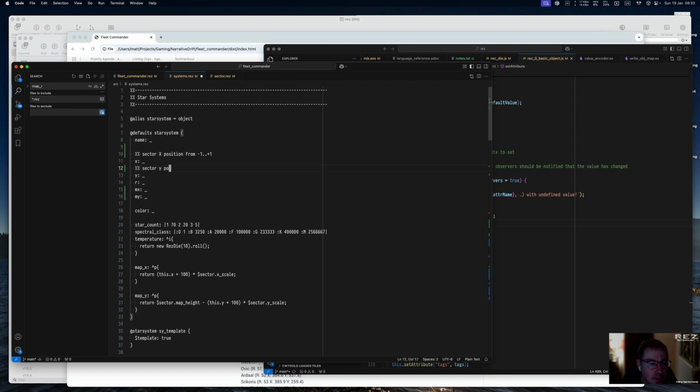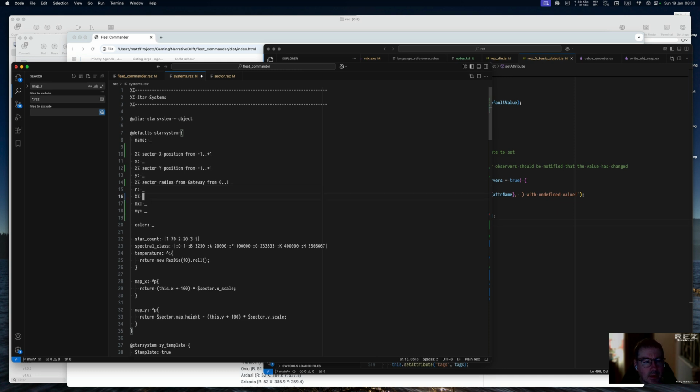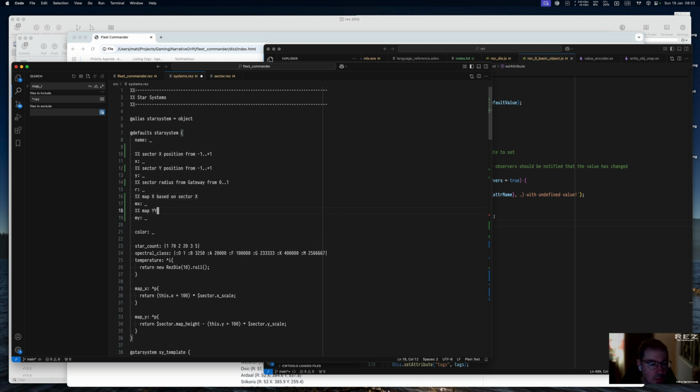This is the sector y position from -1 to +1. This is the sector radius from gateway, from 0 to 1. Okay, this is the map x based on sector x, and this is map y based on sector y.